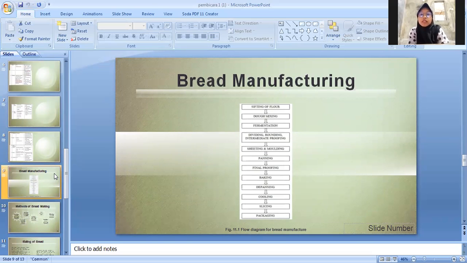Bread manufacturing: sifting of flour, salt mixing, fermentation, dividing, rounding, intermediate proving, sheeting and moulding, panning, final proving, baking, depanning, cooling, slicing, and packaging.